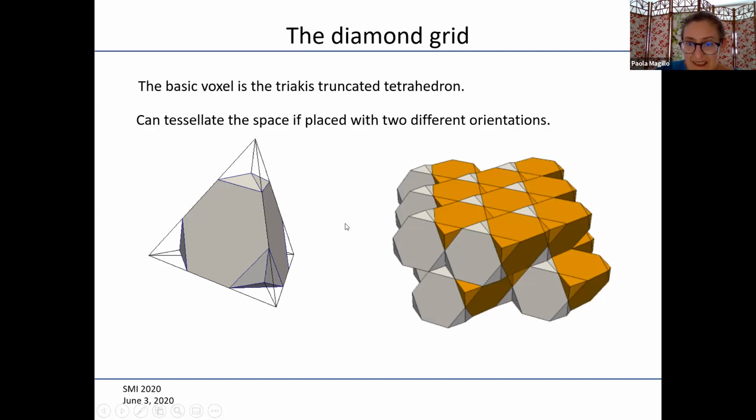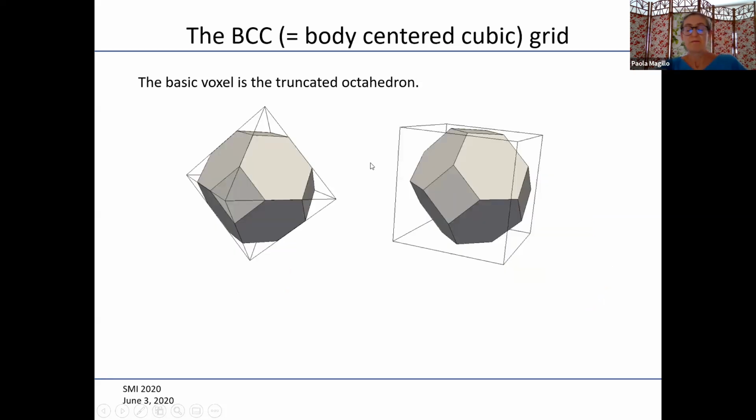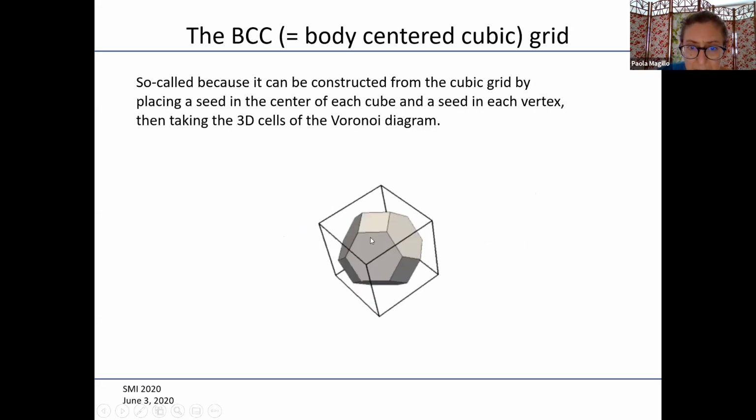And then there are also grids that derive from the cubic grid. For example, the body-centered cubic grid has as basic voxel this truncated octahedron, and it is called body-centered cubic grid because we can obtain it from the cubic grid by placing one seed at each vertex of the unit of the cubic grid and one seed in the center of each cube, and then taking the Voronoi diagram.